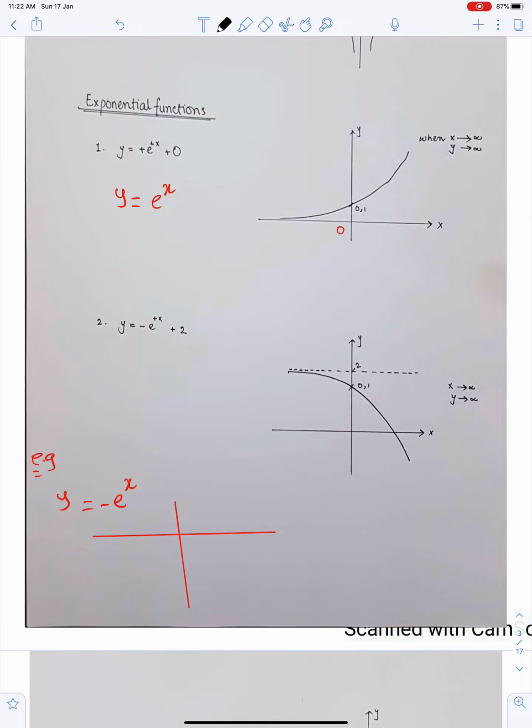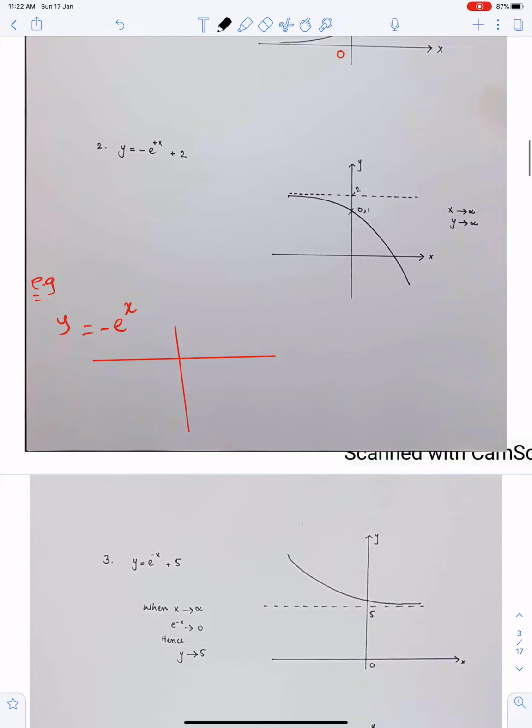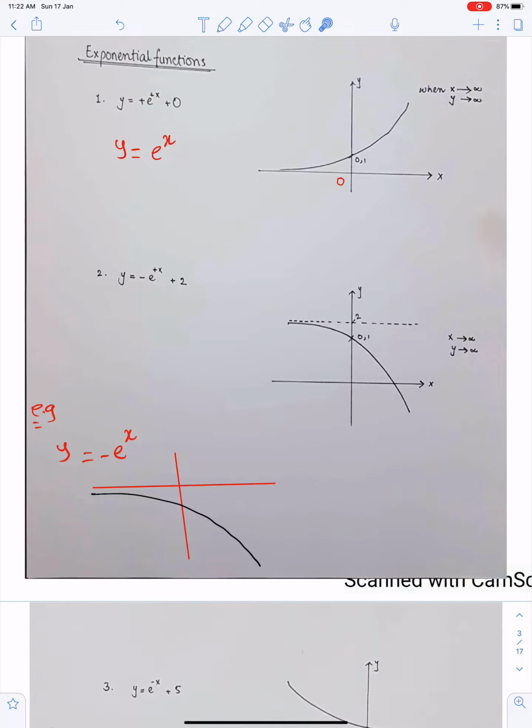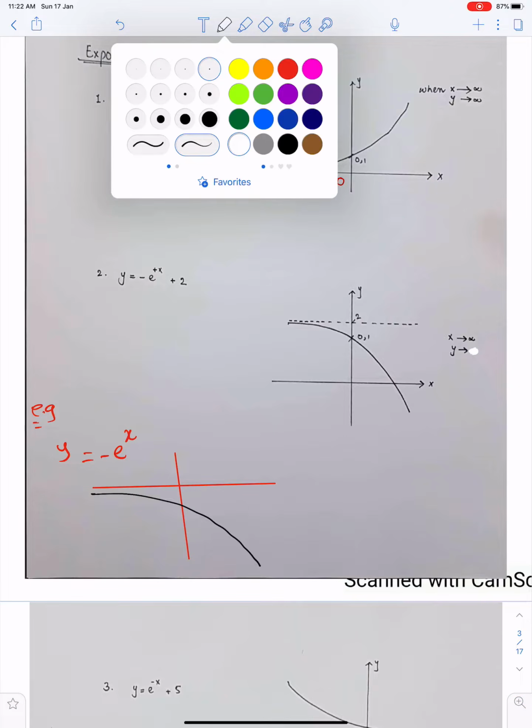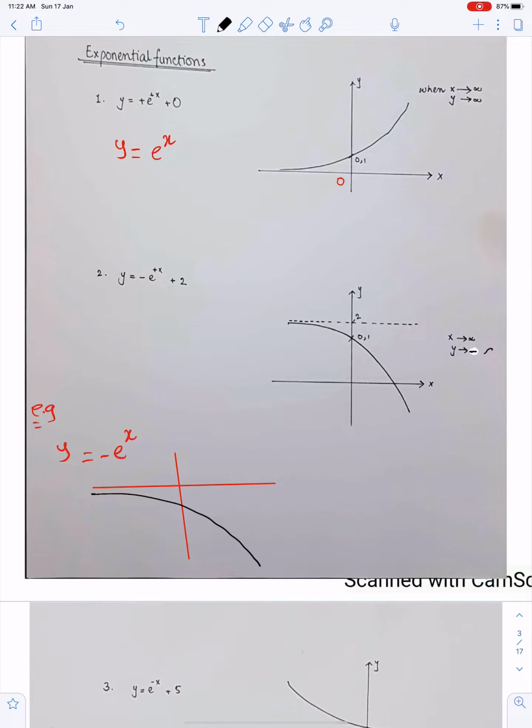Like this. This curve is parallel to the x-axis over here, and this will reach negative infinity. When x tends to infinity, y will tend to negative infinity.